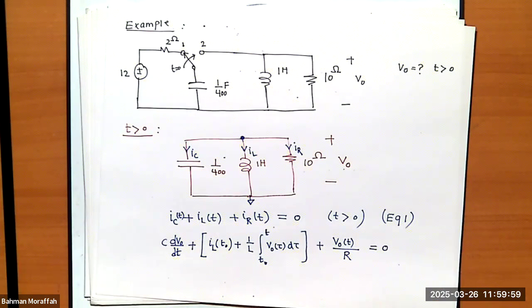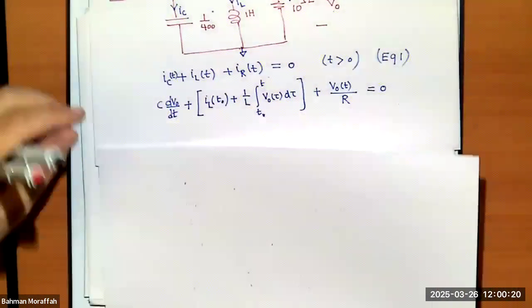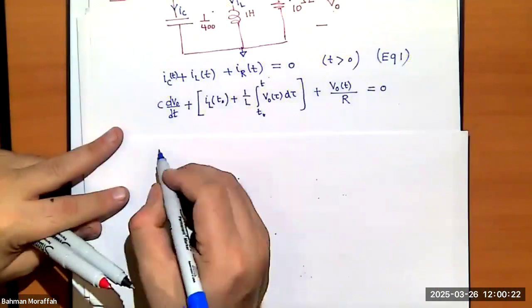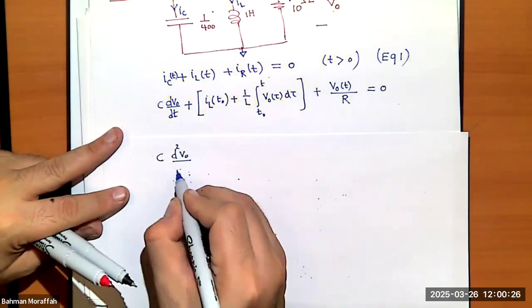Now I'm in a little bit of a pickle. I have an equation that has both derivative and integral. I can't deal with it. The only way I can deal with it is to get rid of the integral. How do I get rid of the integral? I take derivative. So if I take derivative, C is constant, so I'm going to have the second derivative of V out.